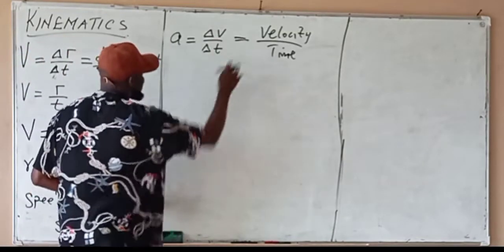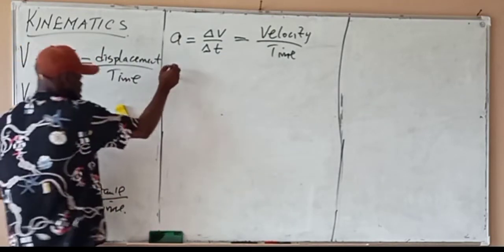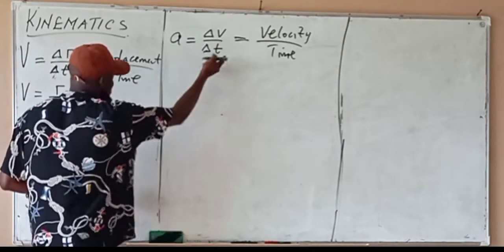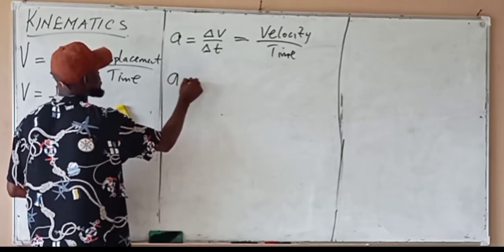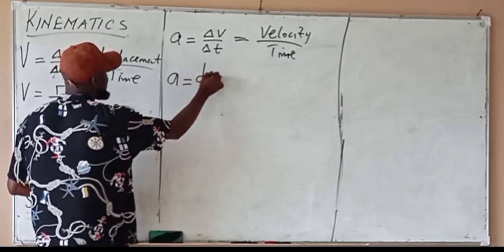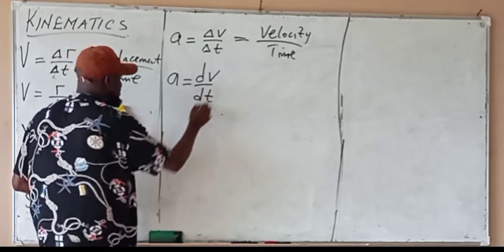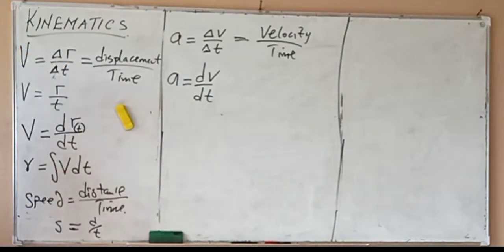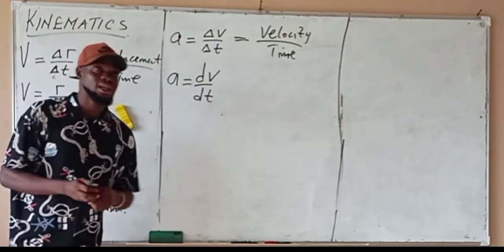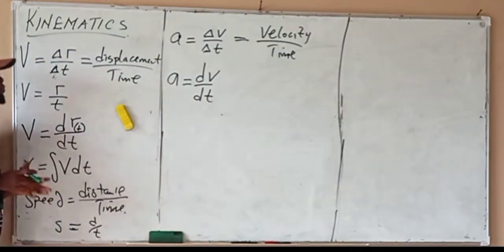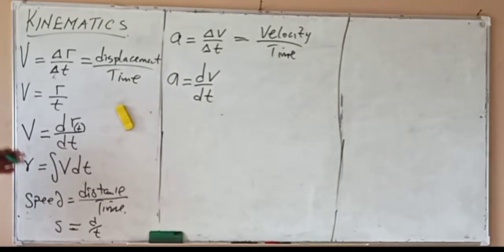If you want to write this in differential calculus, acceleration will be equal to the derivative of v relative to time. So if you have velocity given as a function of time, and they are asking what is acceleration, acceleration will be the derivative of velocity relative to time.